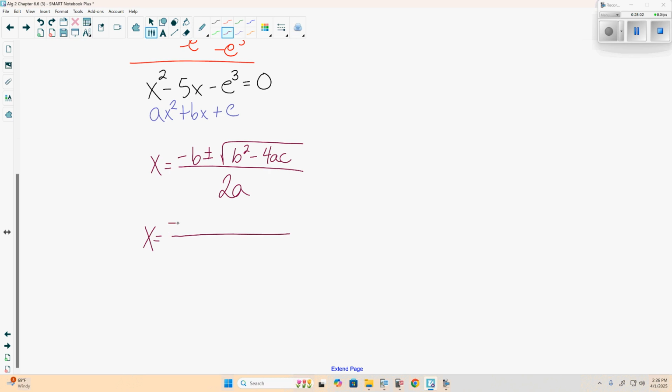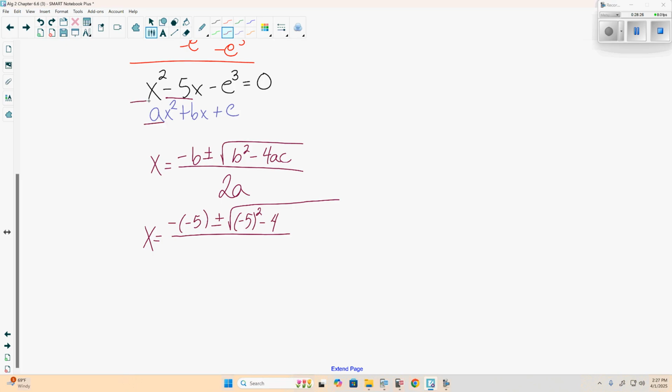Now for us here, negative b. Well, the b value for us is what? Negative 5. It's the number in front of x. So we have negative negative 5, plus or minus a square root. So b squared would be negative 5 squared, minus 4 times a.